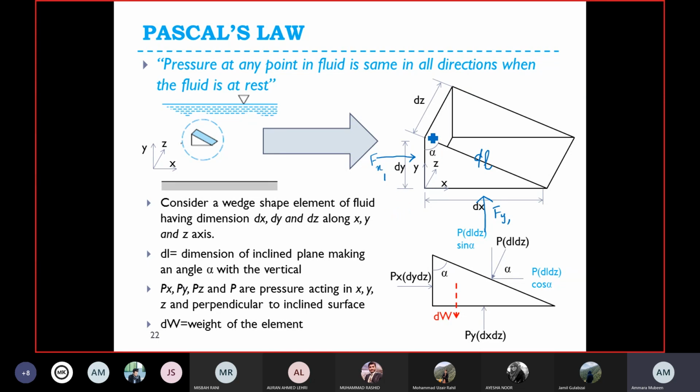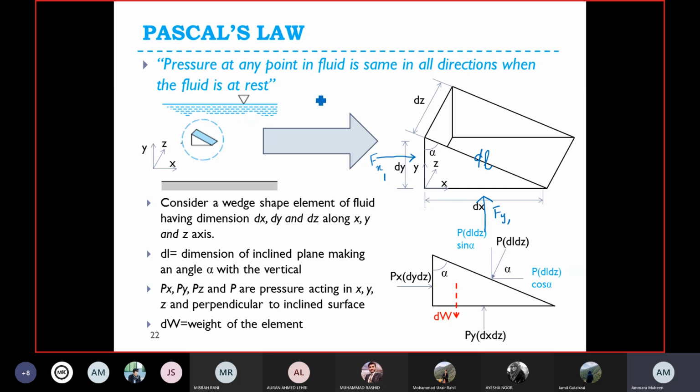If Fx1 is the force on this side, then Px1 would be Fx1 divided by the whole area, as the pressure is distributed over the whole surface. We have to prove that Px would be equal to Py, would be equal to Pz, and would be equal to P. We shall be proving that using the forces applied on each face of this wedge-shaped element.